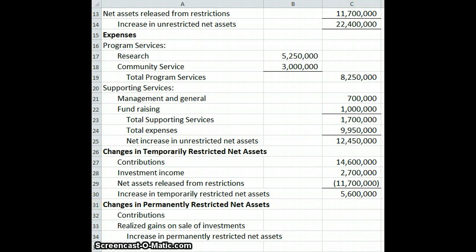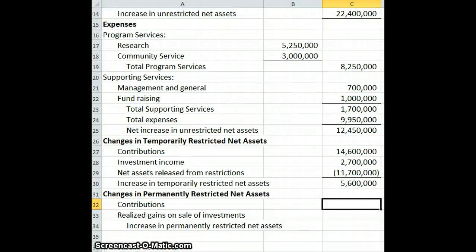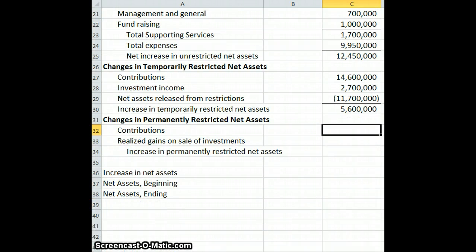Finally, we want to look at our changes in permanently restricted net assets. We're going to start off with our contributions to our permanent net assets, which we have $4 million, which was restricted for the permanent endowment. So we can't spend the principal.